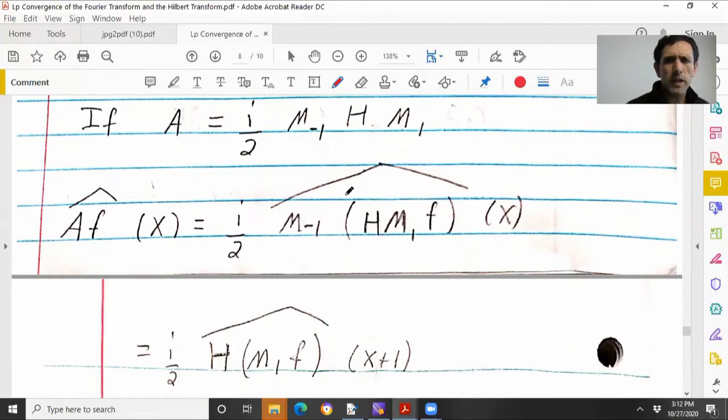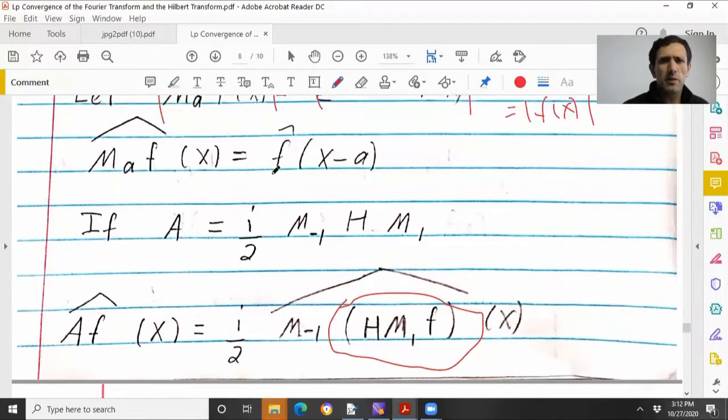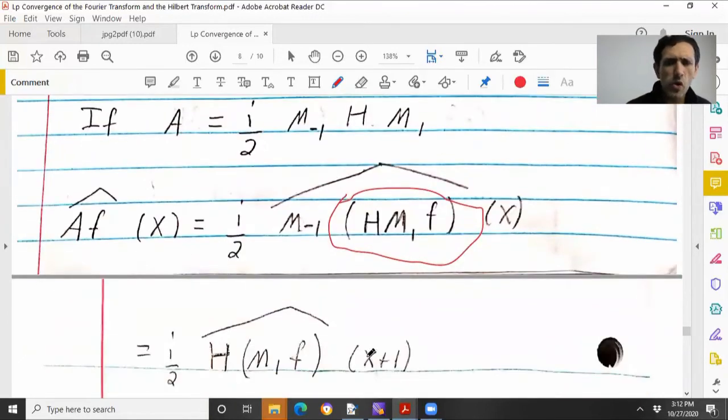It's going to be the Fourier transform of this whole thing here, plug in x plus 1. That's exactly this here. It's the Fourier transform of whatever M is applied to, x minus a. a is minus 1 here, so it's x plus 1. Okay, well, what's the Fourier transform of the Hilbert transform?